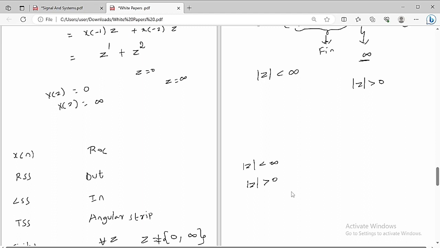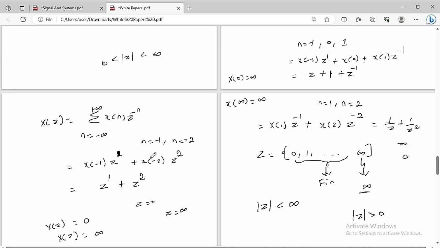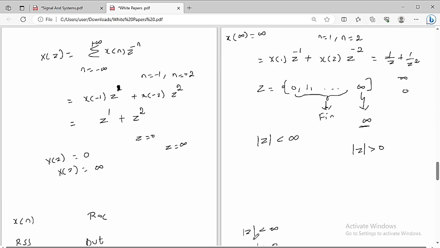Suppose the signal is present for n less than 0 and n greater than 0, then the ROC is going to lie between 0 as well as infinity. So this is a very simple concept, right? I don't need to explain further. Based on this we can say, if a signal is a finite duration signal and is present only for n less than 0, the ROC is not defined at z equal to infinity, meaning z less than infinity.